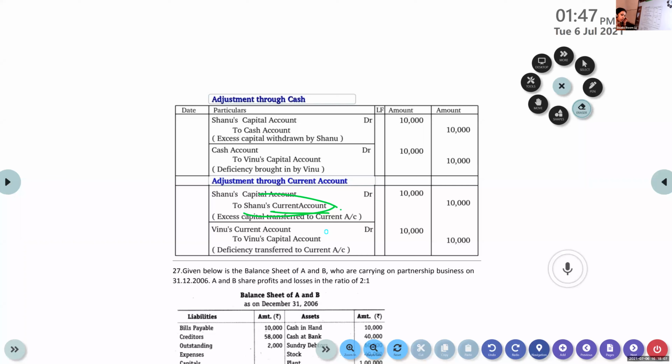From where did this current account come? It is under the fixed capital method. We prepare the partner's capital account and the partner's current account. Two accounts are maintained. Remember? Now, the second one, deficiency: Vinu's current account debit to Vinu's capital account.